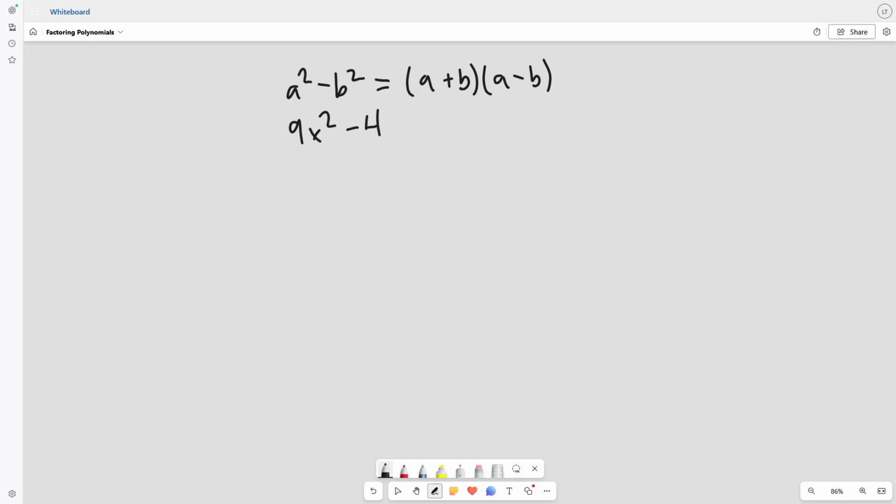Our a is going to be 3x, because 3x times itself equals 9x squared. And then our b is going to be 2. We can use our handy dandy formula up here. We have 3x plus 2 times 3x minus 2.